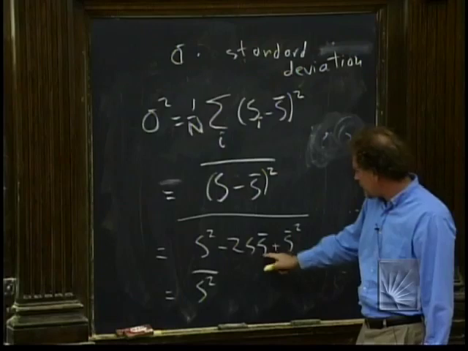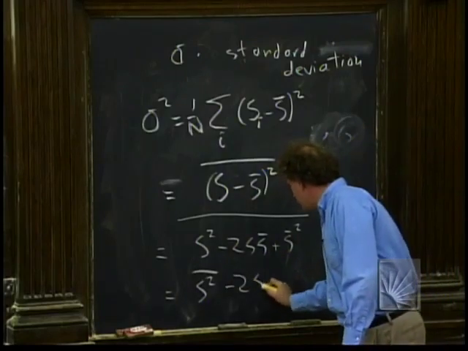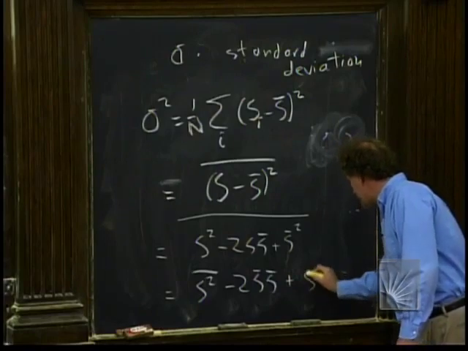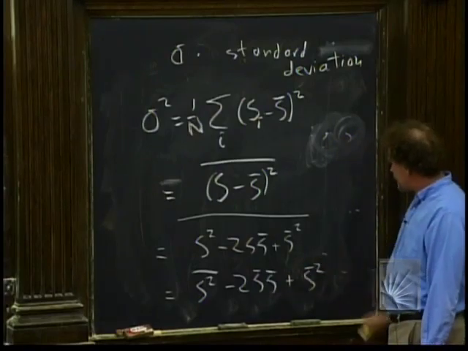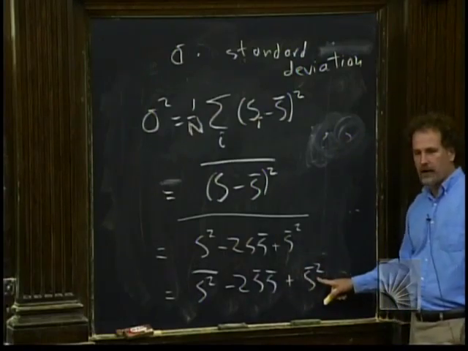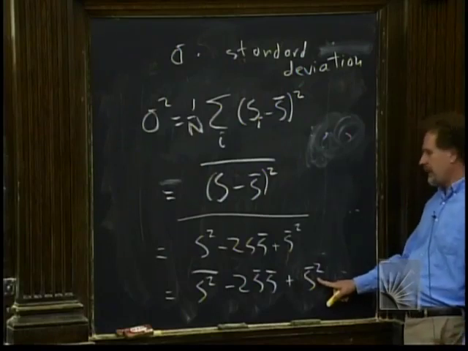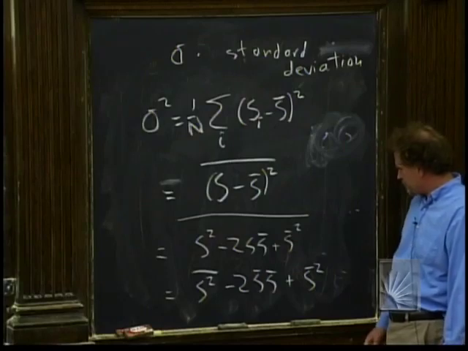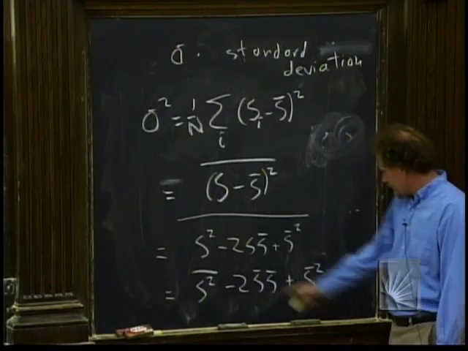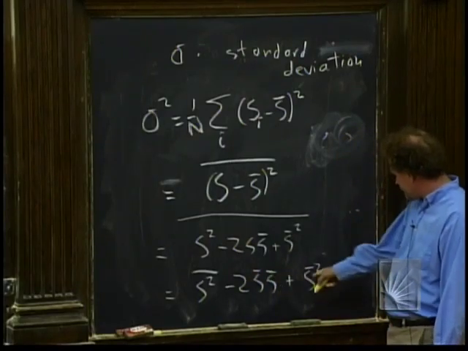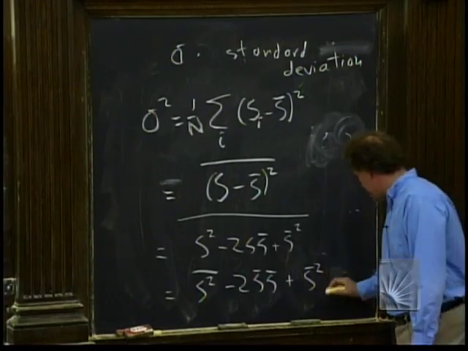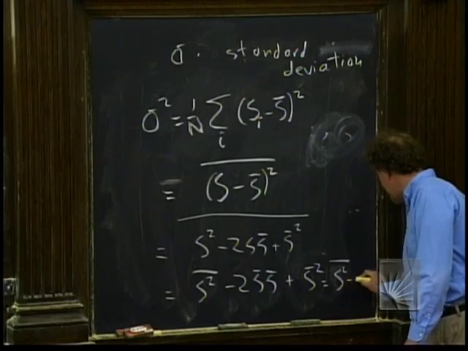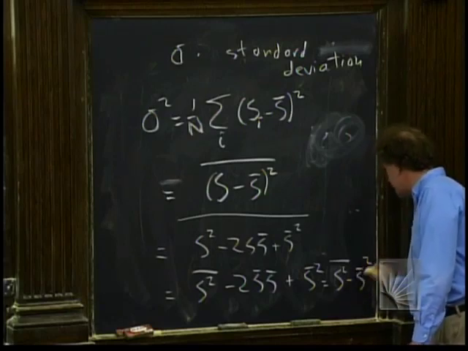So this is 2 s average squared plus s average squared. Average that, but again, this is already just one number, and the average of it is the same thing. So this is minus 2 s average squared plus s average squared. So finally, this is s squared average minus s average squared.